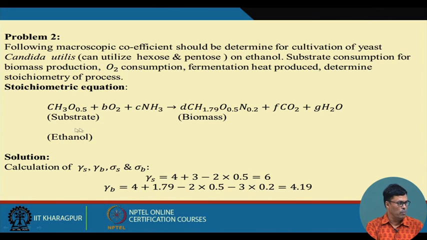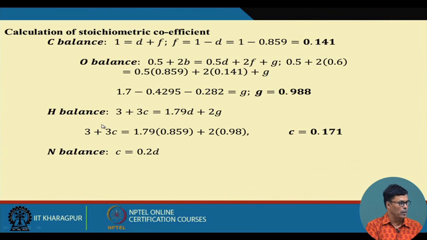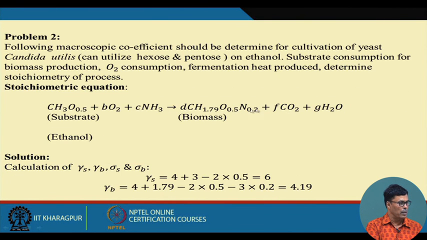So we can make an oxygen balance: 0.5 plus 2 into B equals 0.5 into D, plus 2 into F, plus G. Then everything is known and we can find the G value.